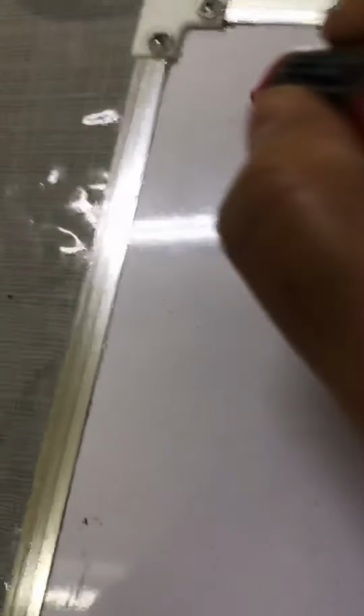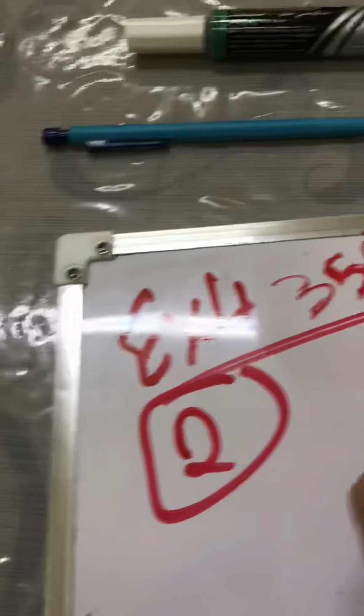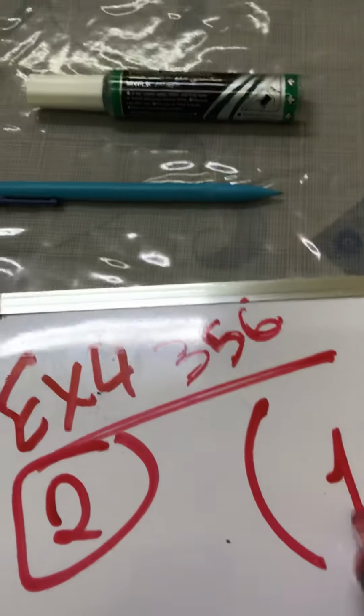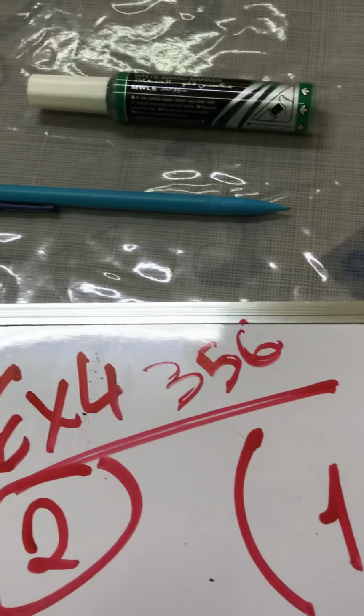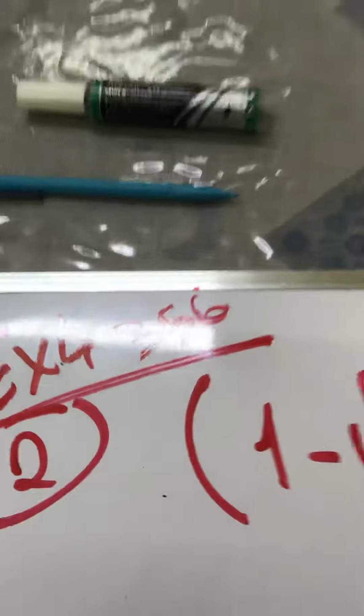Okay, let's start with the first problem, which is number 2, exercise 4, page 356. Okay, what is the problem? I have (1 minus square root of 3) square.